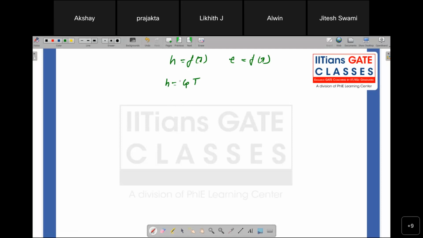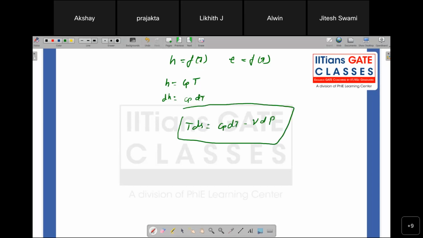If I use this, dH is equal to Cp dT, because Cp is constant. So my TdS relation now looks like TdS is equal to Cp dT minus VdP. That's what we have, right?